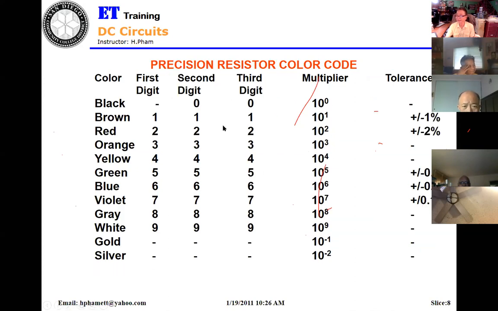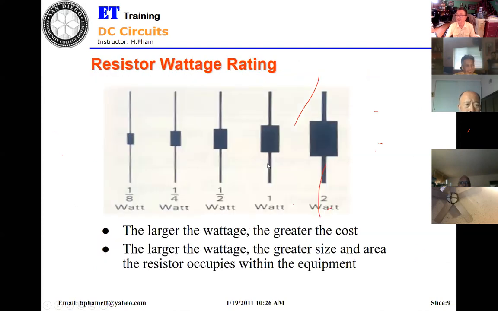And that will be the same thing for precision. Okay, basically just talking about the power. That means the size of the resistor, how much power it can handle. Okay, for that small one, 1/8 watt or quarter watt or half watt.